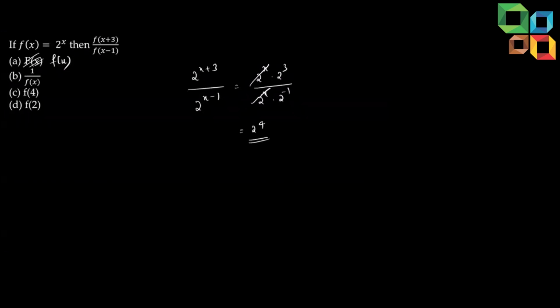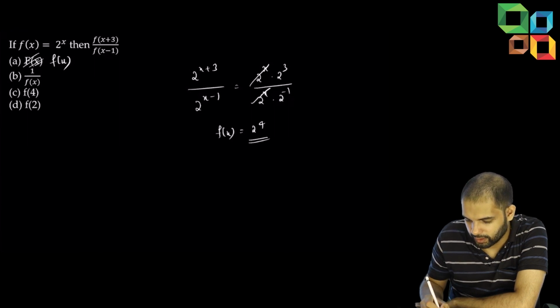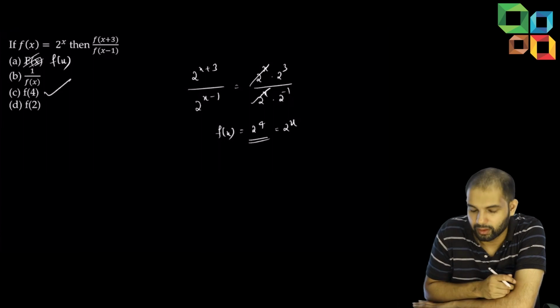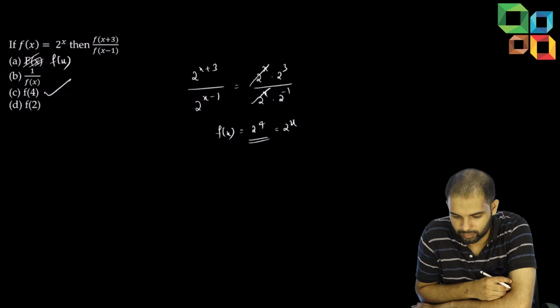Now what is 2 power 4? 2 power 4 is nothing but 2 power x in this equation. So I just have to equate this. So if x is equal to 4, it will be f of 4. So f of 4 is nothing but 2 power 4.